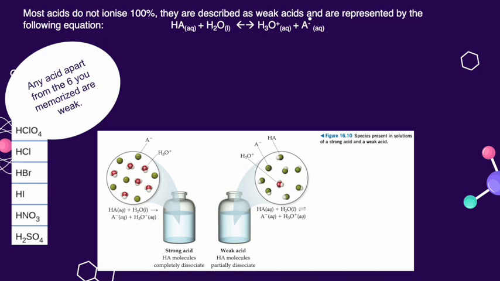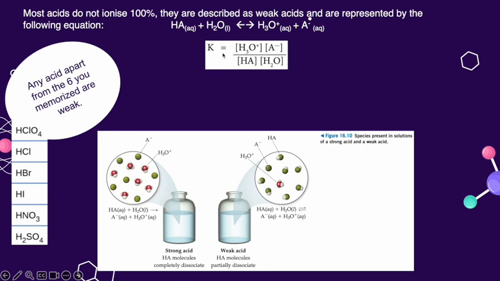So a general equation for the ionization of a weak acid can be described as follows. So you have the K value and you have your hydronium. I'm putting the products as my numerator and my reactants as my denominator.